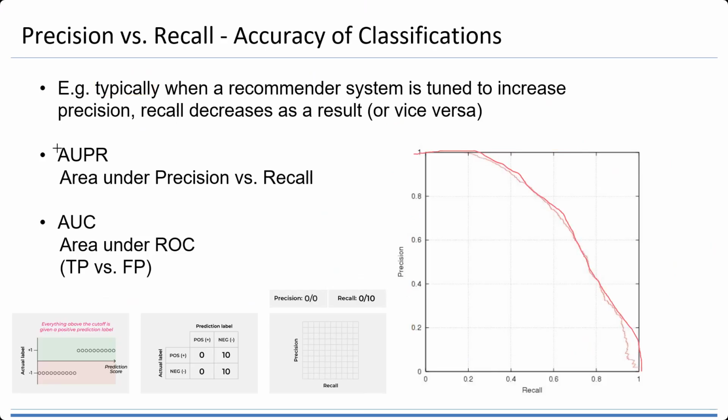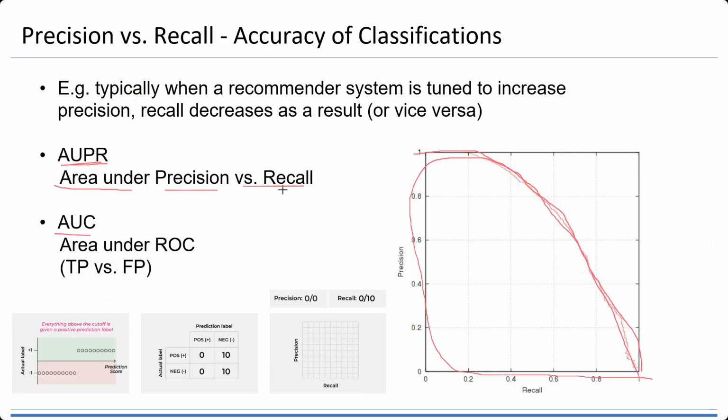We will have other measures like AUPR and AUC. AUPR means the area under precision versus recall.